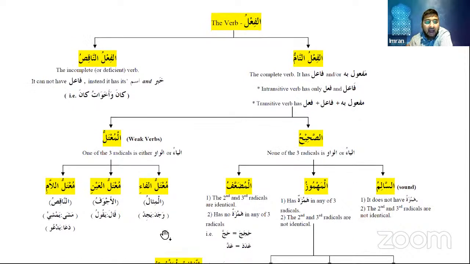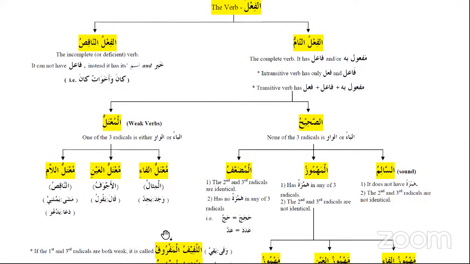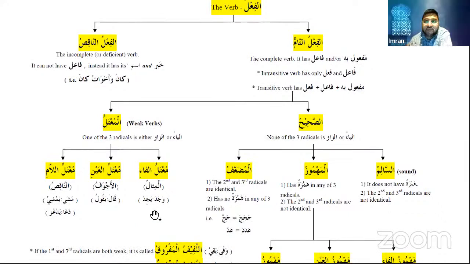Okay. And also, it can sometimes have a ya as well. So it can be mithal al-wawi, or mithal al-ya'i. I'll give you an example of a ya in the beginning of a three-letter verb.